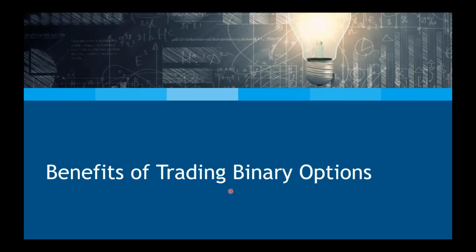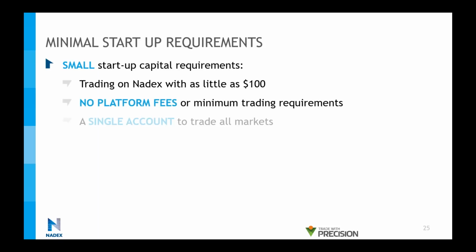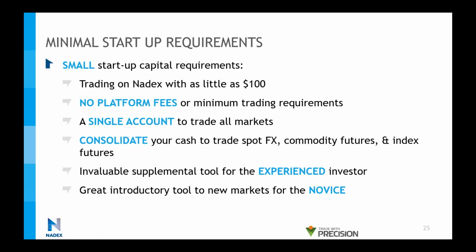So what are the benefits of trading binary options? First thing, if you can enter a position with a contract with a price anywhere between 0 and 100, then this is your minimum starting capital. And therefore, trading on Nadex can start with as little as $100. Not something that I would recommend at that stage. Once again, you want to have proper risk management in place, and having a small account makes it really difficult.